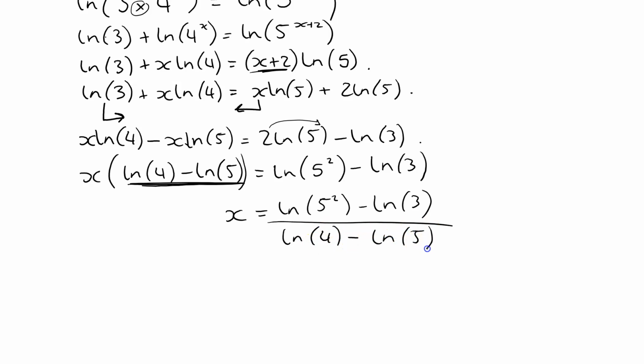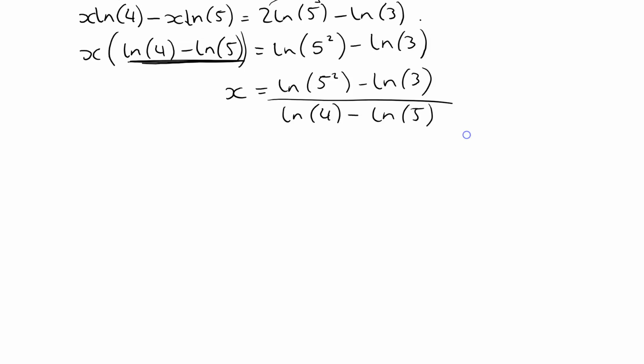Right. Next up then is to tidy it up as much as we possibly can. So the first thing I can do is change that root 5 squared into a 25.